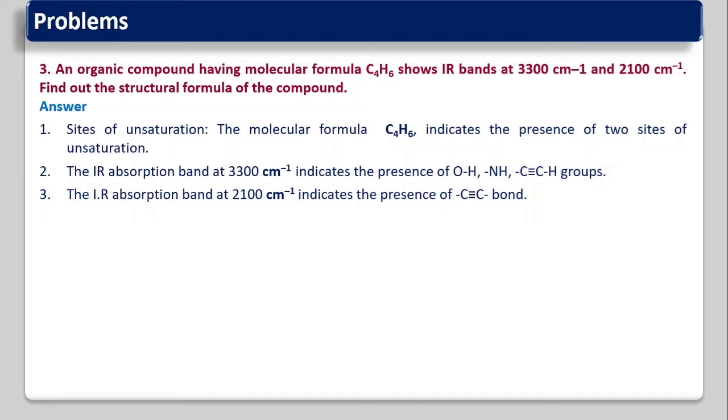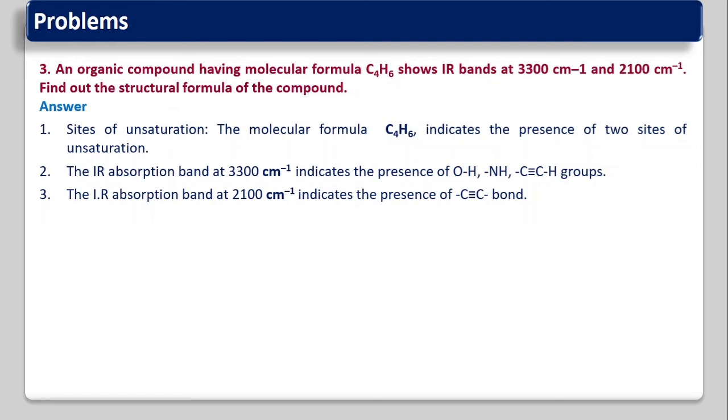So it clearly indicates the presence of triple-bonded CH. The third piece of information is the IR absorption band at 2100 cm⁻¹, which also clearly indicates that our compound contains a carbon-carbon triple bond. So our compound contains a terminal alkyne.